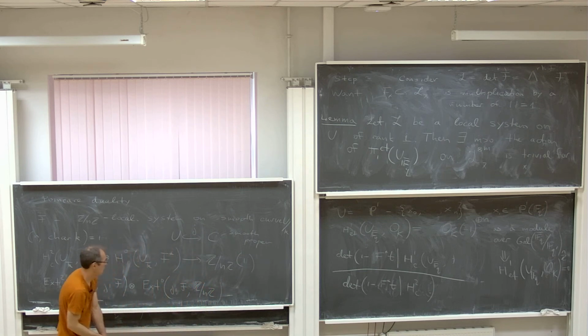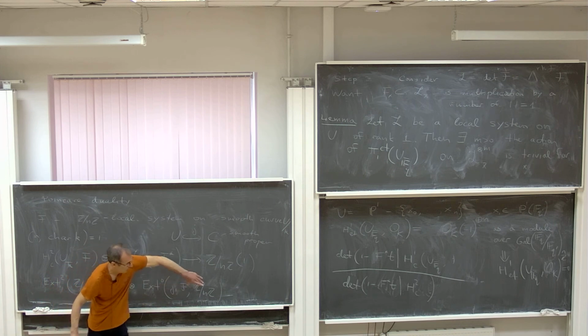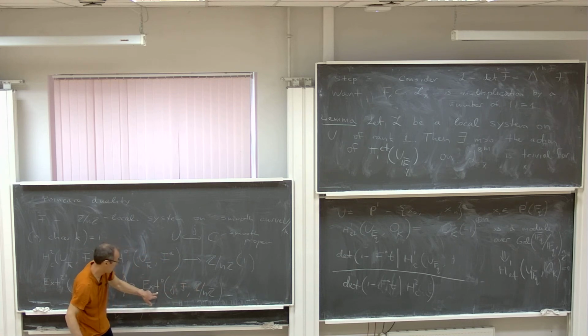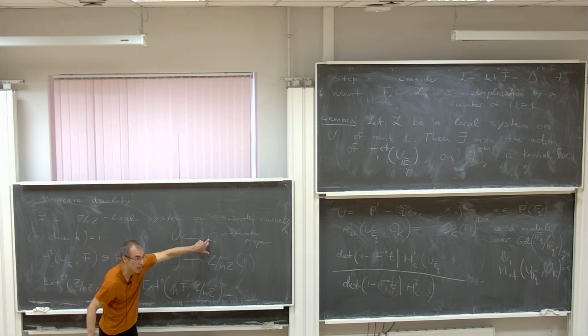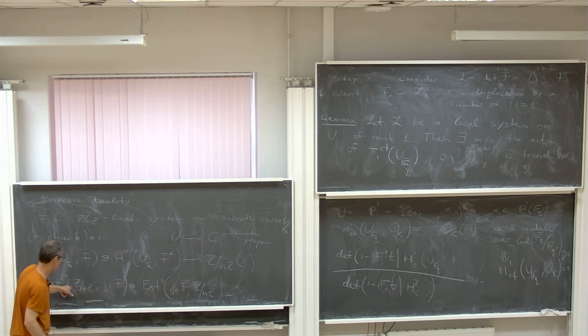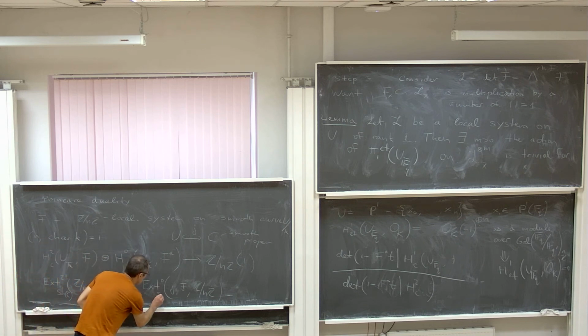Right? So why that? I'm taking just Hom from this sheaf to this sheaf. By adjunction, that's the same as taking Hom from F to Z/nZ. This is Ext in the category of sheaves on C. This is Ext also in the category of sheaves on C.